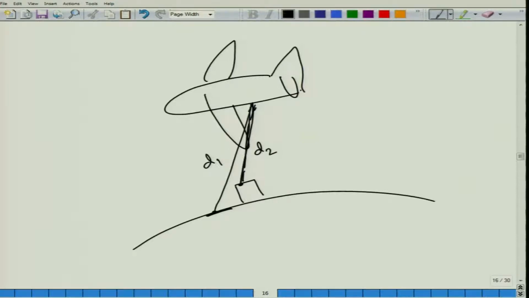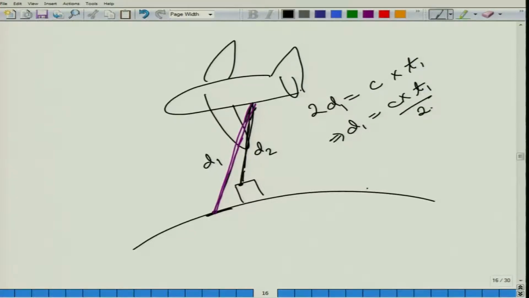How do we calculate that distance? Again, because the speed of light is constant, it is c, we can get d. When this light is going from the aircraft to the ground, it is traveling a distance of d1. When it is moving back, it is again covering a distance of d1. So, we have twice of d1 is equal to c multiplied by the time of flight, which gives d1 is equal to c times t1 upon 2.